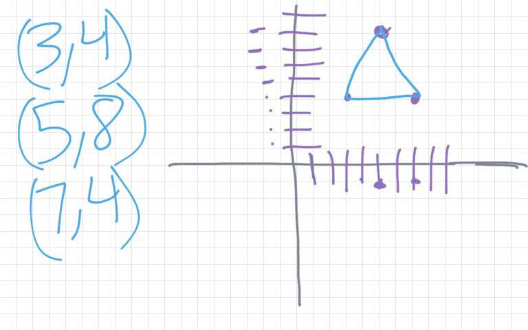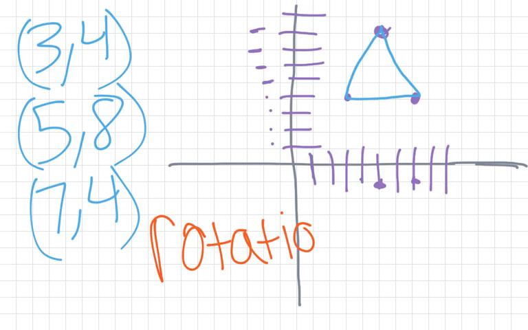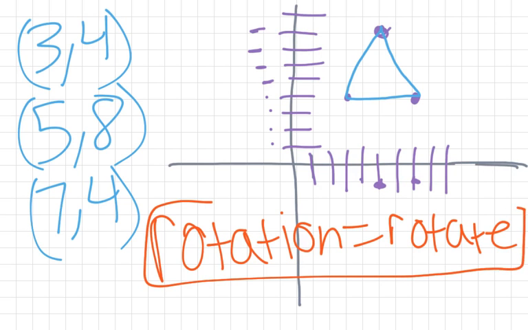The next transformation we're going to talk about is called rotation. Now I want you to write this down in your flip book. Rotation equals rotate. Now I want you to put this right here in red on the back of the front page of your flip book, that cover sheet.